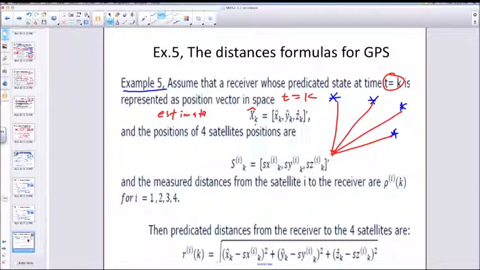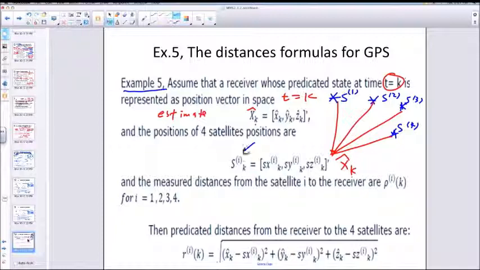So for the position here, we use the vector of this x_k hat. And then you use the same formula for satellite 1, satellite 2, satellite 3, satellite 4.